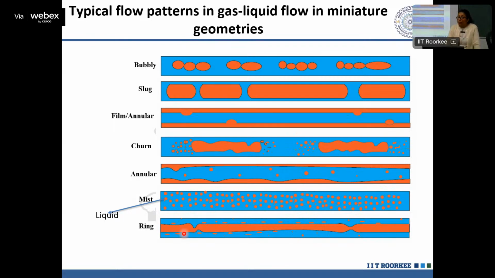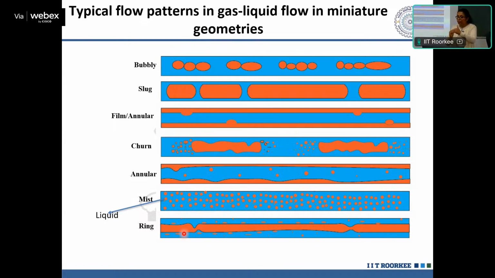The gas phase is close to the annular region, but the liquid is adhered to the wall. The liquid film is very thin, and when the liquid accumulates at a certain point on the thin film, it forms a kind of ring structure.